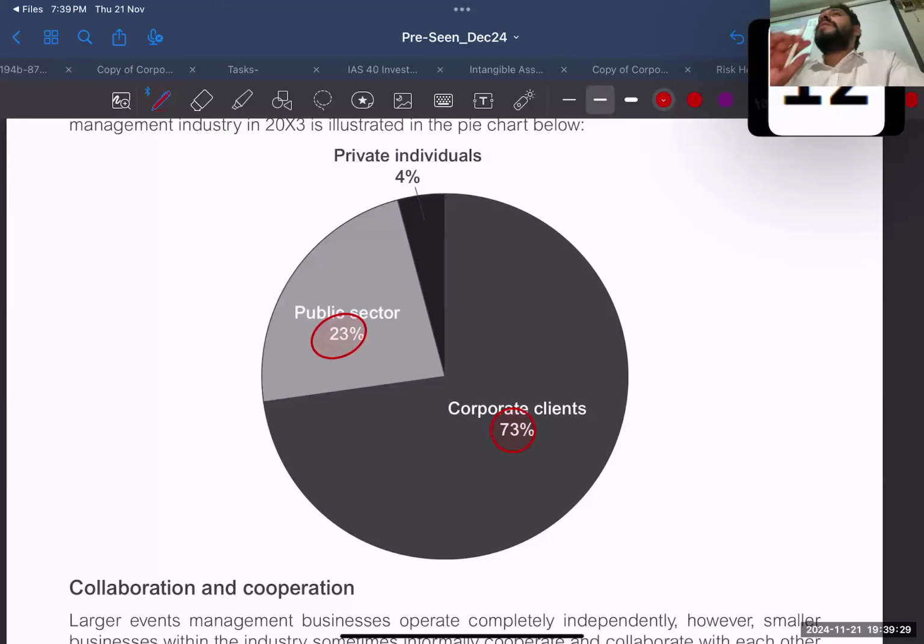And this is the second time that they are telling me that virtual conferences are increasing in the two sectors that are most dominant, which account for 96% of the revenue. However, the private clients are just 4%. And obviously, weddings can't be virtual, right?